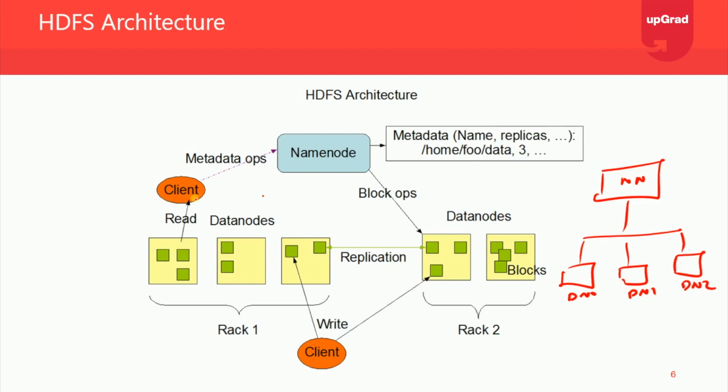Now here, clients will be using the cluster for reading or writing purposes. So you can see that the client can access the data for reading from the data nodes, which have the blocks in them. Clients can also write data into the cluster. These data nodes are further organized into racks.